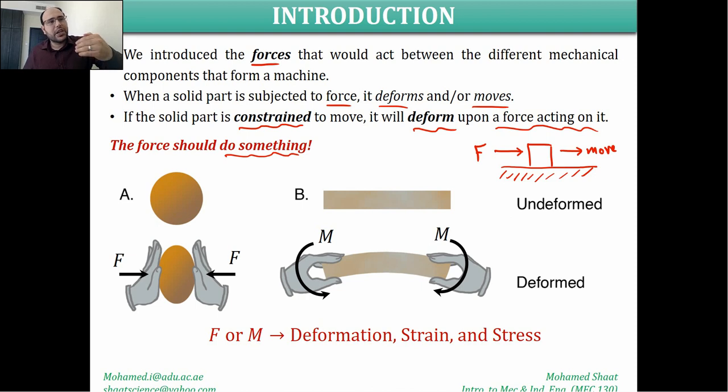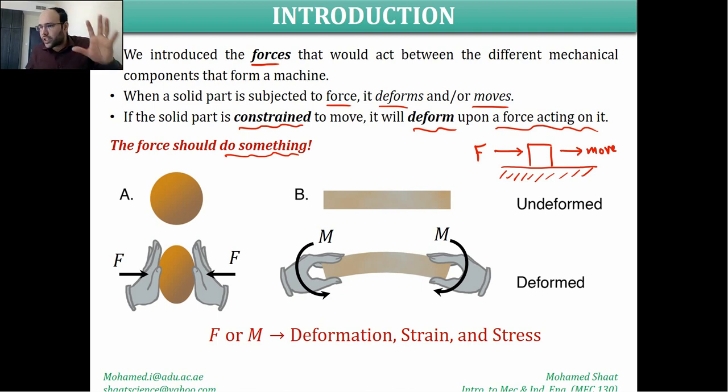This movement is a result. It is known as the response of the box to the applied force. You have this box with a certain mass and certain specifications. When you apply a force on it, it is going to move with a certain velocity, displacement, and acceleration that depend on both the force and the specifications of this box: the weight, the mass, the size, the shape.